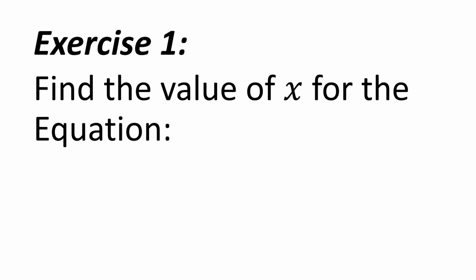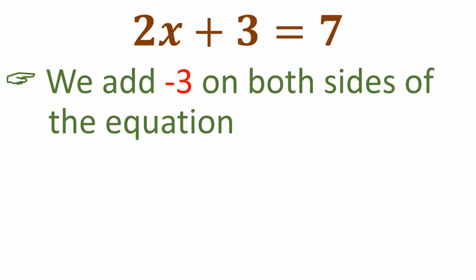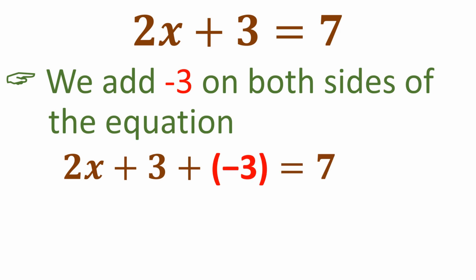Exercise 1. Find the value of x for the equation 2x plus 3 equals 7. To solve this equation, first you need to isolate the variable x on the left side of the equation. We add minus 3 on both sides of the equation. 2x plus 3 plus minus 3 equals 7 plus minus 3.